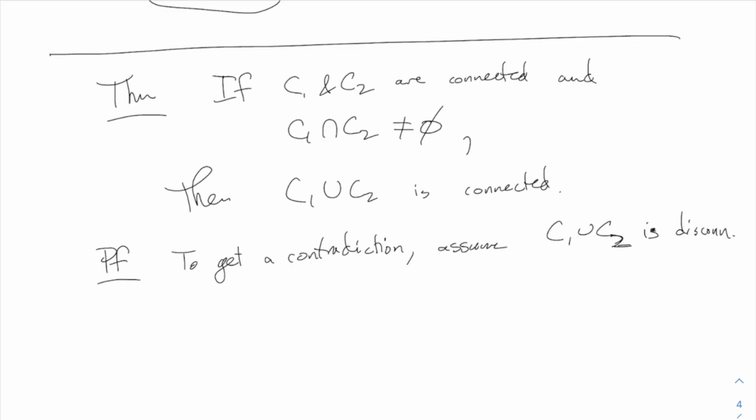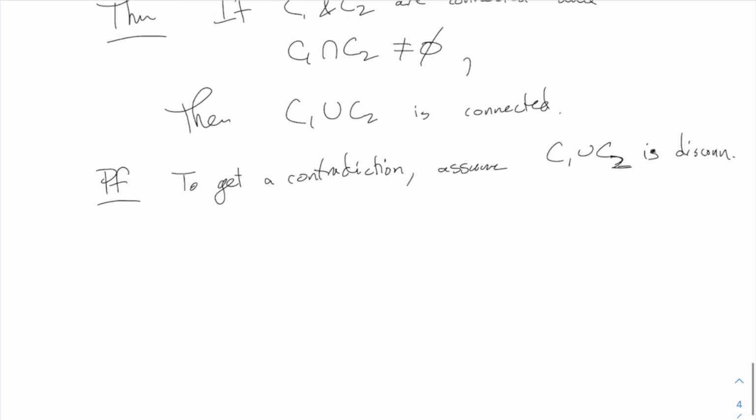So anyway, I assume C1 union C2 is disconnected. So the picture that we have is something like C1 is here, C2 is here. They do have some intersection, right? This is the setup. And in order to get a contradiction, I am assuming C1 union C2 is disconnected. That means there's a separation of this into two pieces.